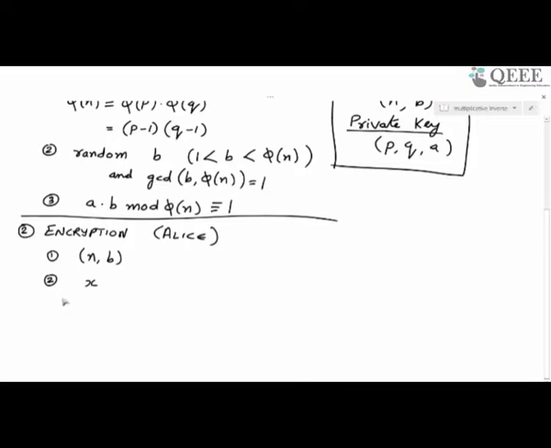So she takes x, raises it to the power of b and does modulo n and sends this particular value, which we call y, to Bob. Y is the ciphertext sent to Bob, while x was the original message.